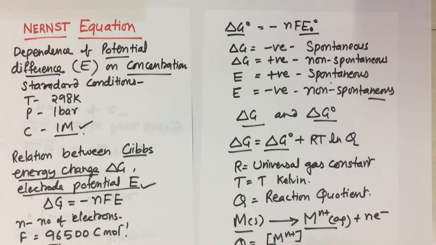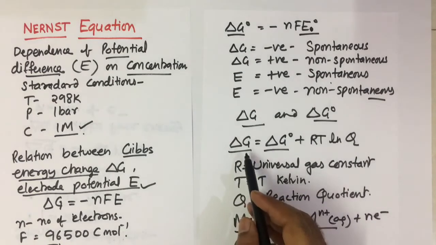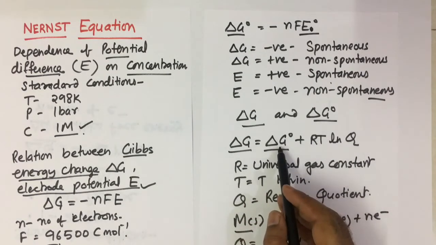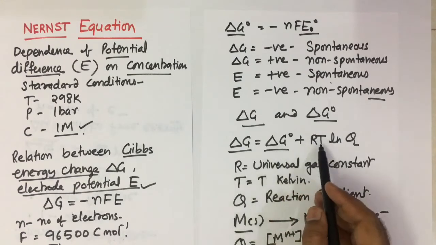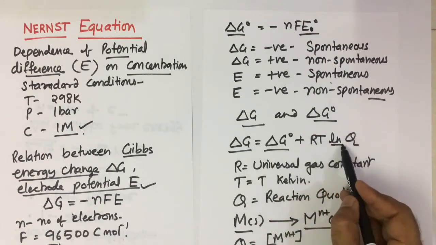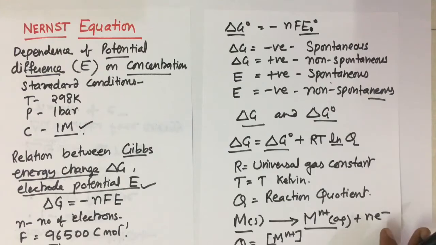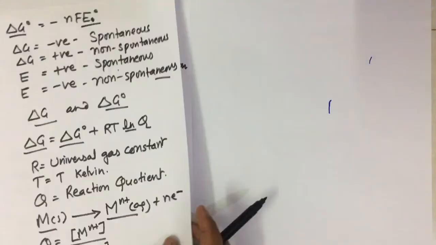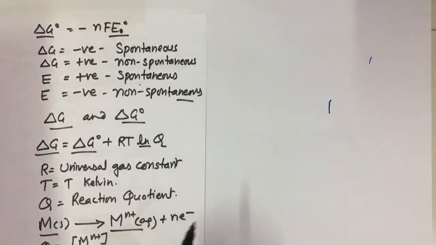This is the expression for the reaction quotient. So the relation is delta G is equal to delta G naught plus RT ln Q, where ln is the natural log.